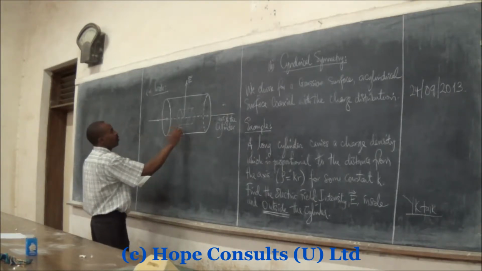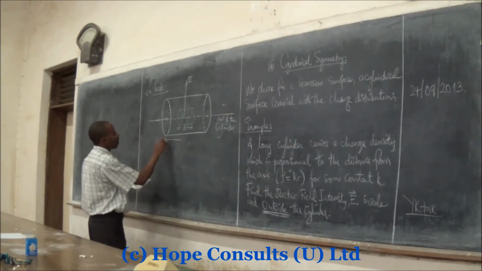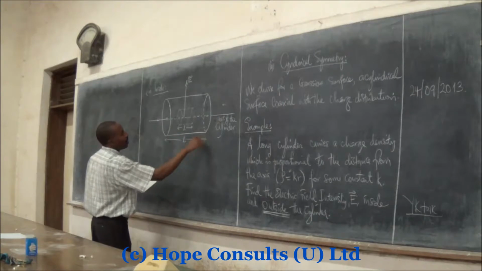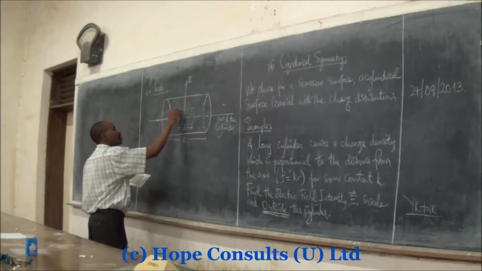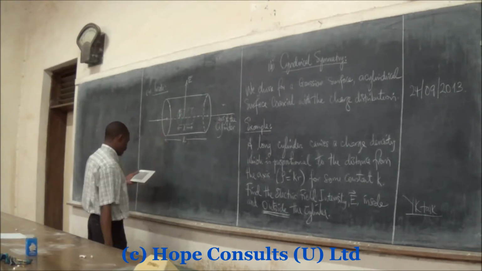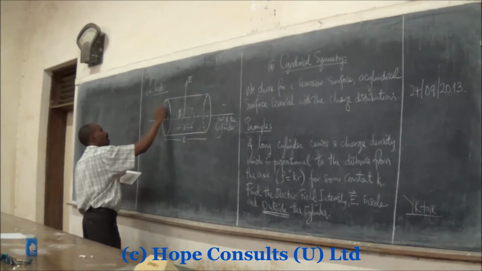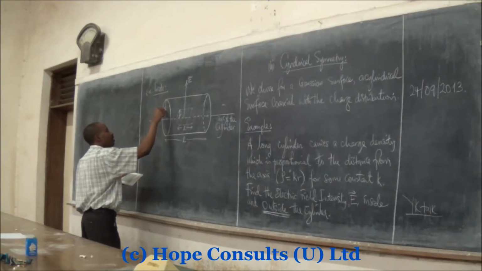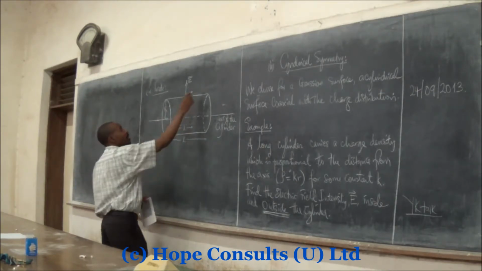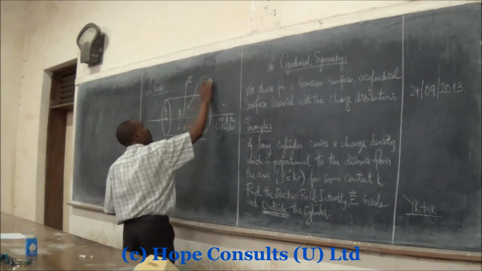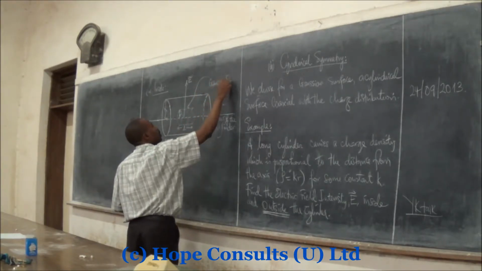So if we take this to be L, and let's take the outside to be capital L, the radius of the Gaussian surface is small r, whereas the whole cylinder has a radius capital R. We have this one inside being our Gaussian surface.